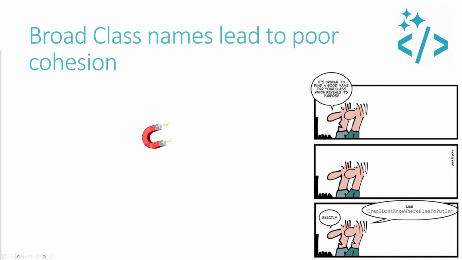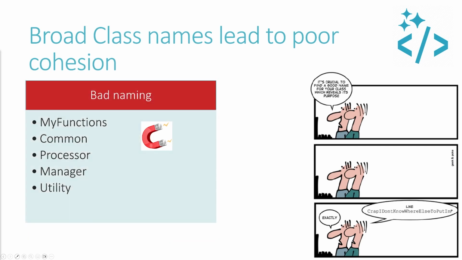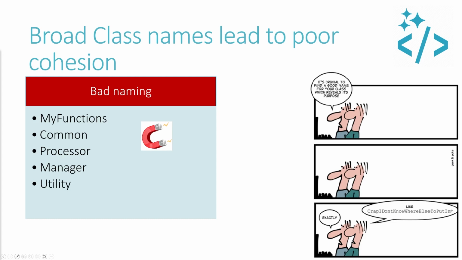Also, class names are very important. We should give specific class names. Here are some examples of bad naming. These are like magnets which attract functionality which should not be put in this class.